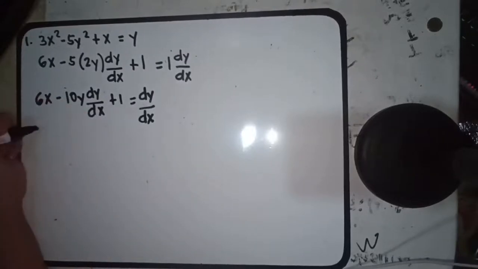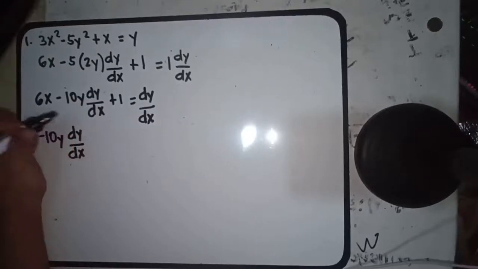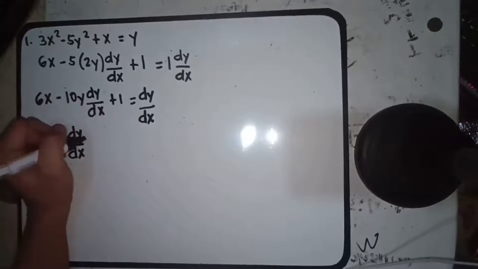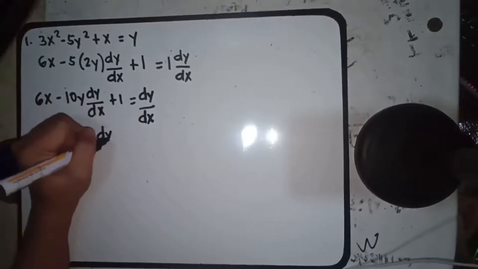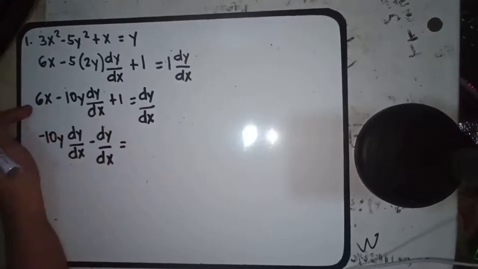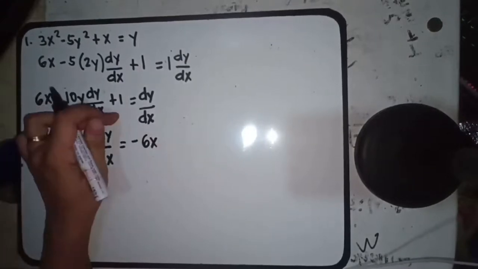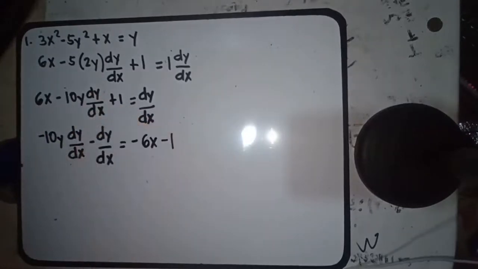So, ang mabilin dire, we have negative 10y dy over dx. Transpose si dy over dx, so we have minus dy over dx. This is equals to, transpose si 6x, we'll have negative 6x. Transpose si 1, so we'll have minus 1.